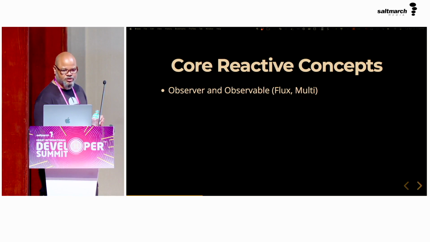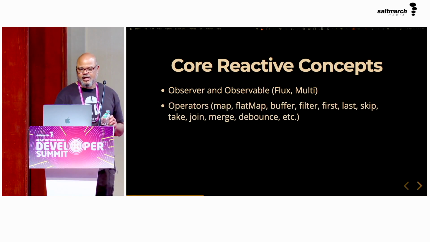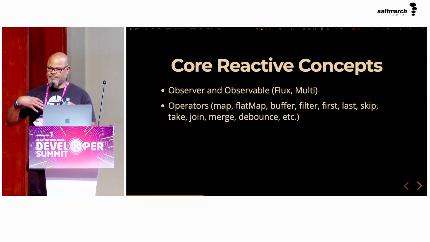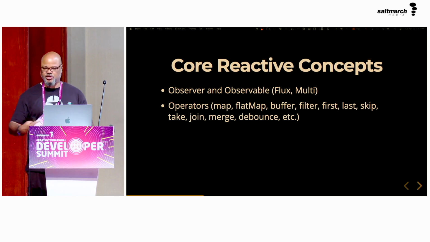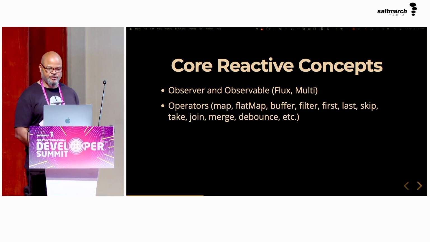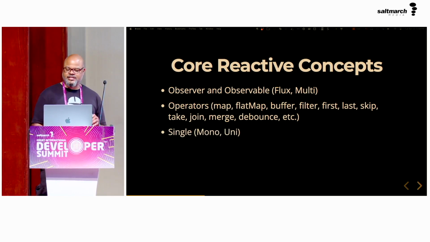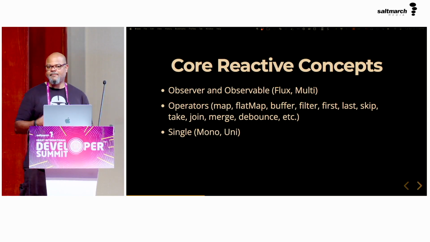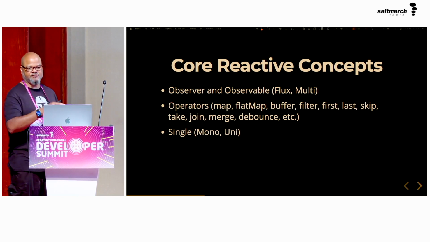That's basically a streaming API. Once you've got a whole bunch of events coming in and your observer is listening to them, you can perform operations like all the streaming operations we're used to seeing: map, flatMap, buffer, filter, etc. Instead of an observable, you can also have a single, which is just one value instead of multiple values.